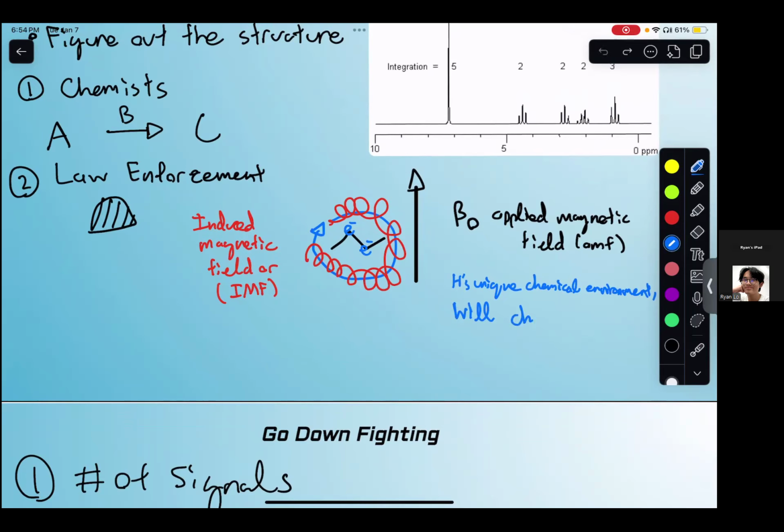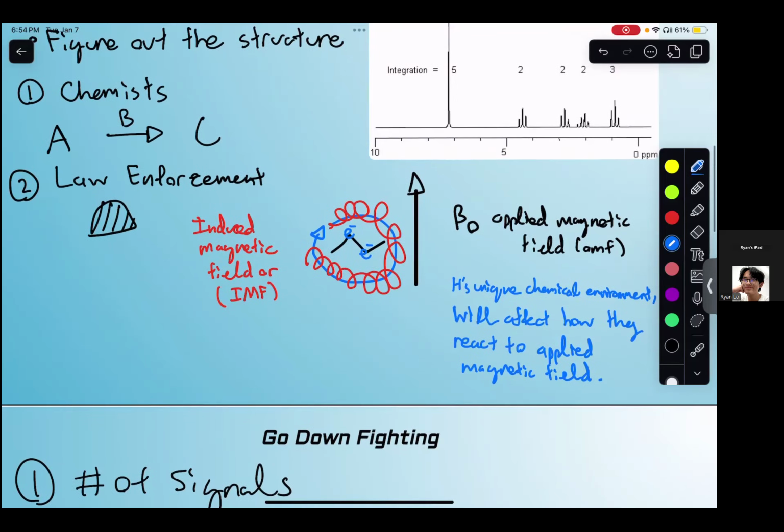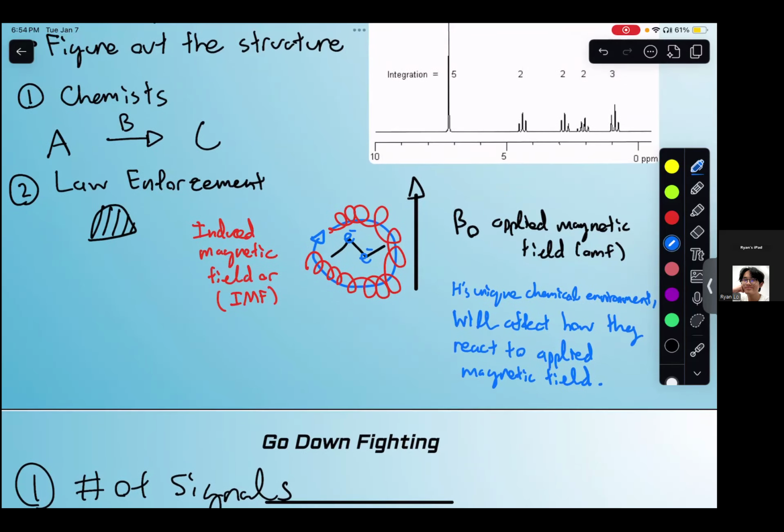Then from there, depending on the different unique chemical environments, you can discriminate between different types of hydrogens, different types of HNMR signals, and then from there you can piece together the structure.